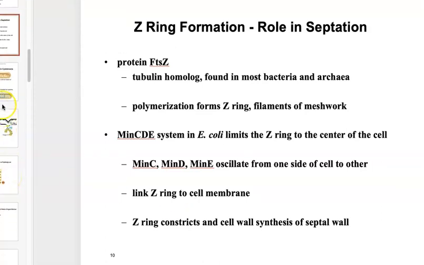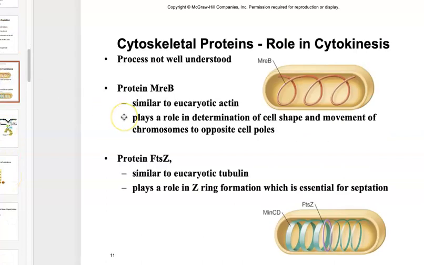As I said, you don't want formation of the Z ring to happen anywhere else but the center. So some of the other proteins in this particular case is this MreB. I mentioned MreB is this kind of a coil that gives the cells shape, but it also forms tracks, almost like roller coaster tracks, where the chromosome can attach, and as this is polymerizing, can push the chromosomes to the opposite poles, so that they can go into the daughter cells.